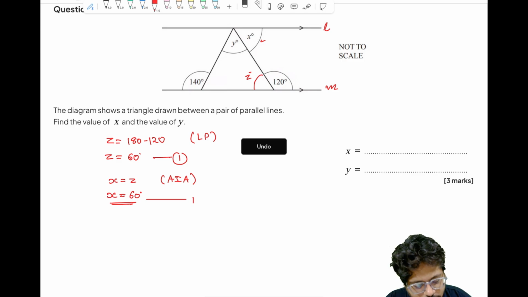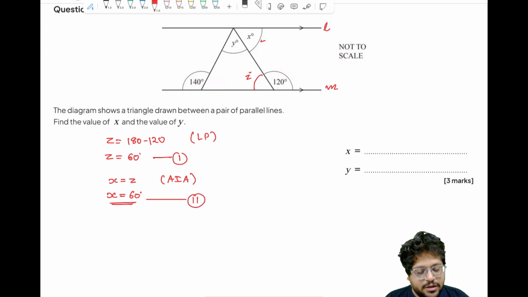Now let's talk about Y. If you see this 140, it is an exterior angle of your triangle, and that 140 must be equal to the sum of two opposite interior angles, which is the exterior angle property.